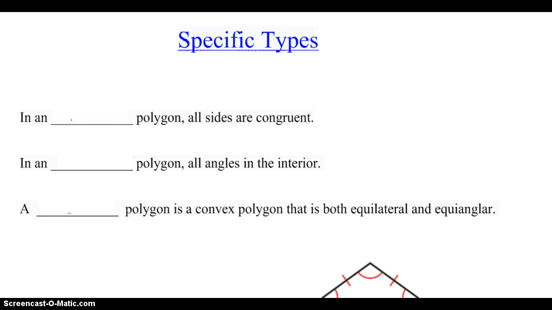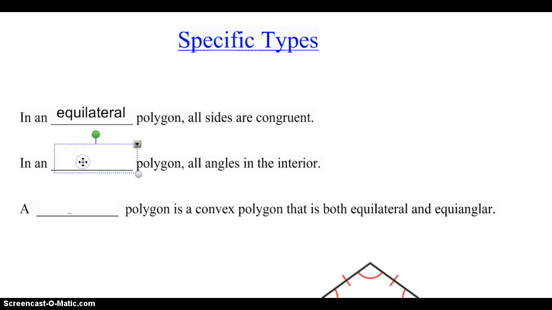I would say this slide is probably the most important slide of your entire note sheet, because I feel like you should have already been introduced to the other stuff. And this one might be new to you. You have to understand, in an equilateral polygon, all the sides are congruent.